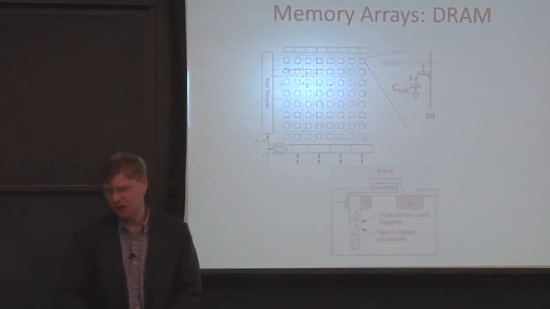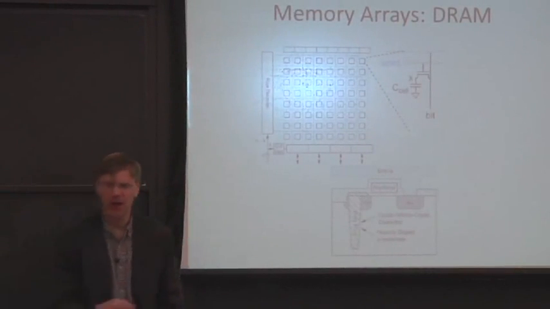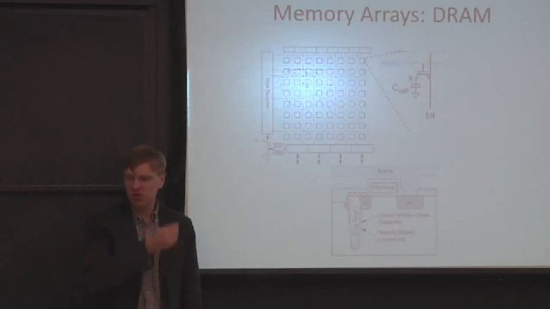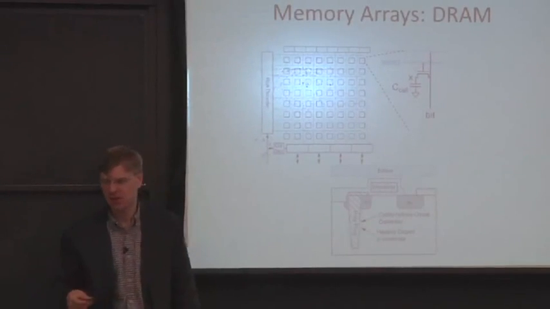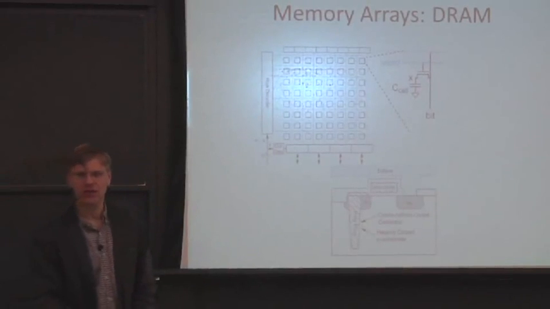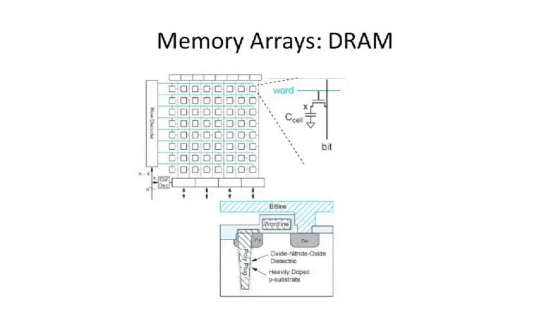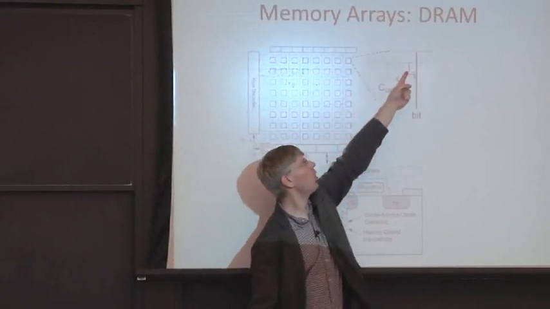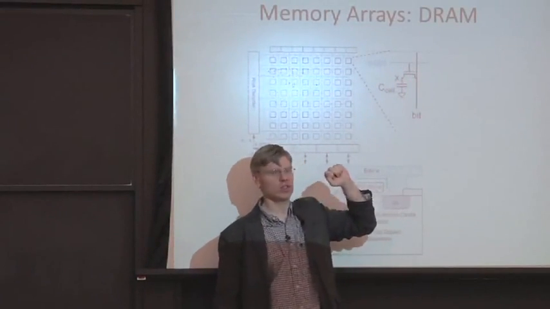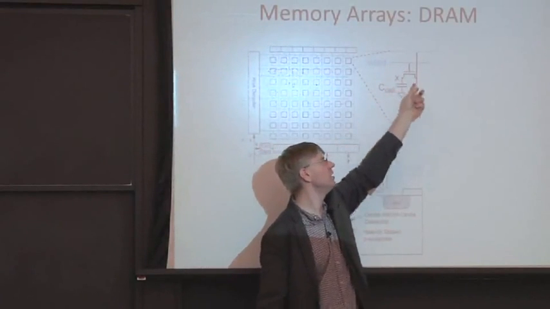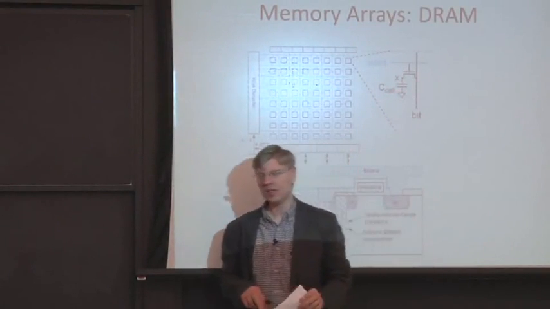But DRAM, I want to contrast with SRAM. You still go and build an array out of it. But the actual storage looks very different. The bit cell storage, instead of being some form of cross-coupled inverters, instead, you're going to have one transistor which hooks a capacitor into your bit line.